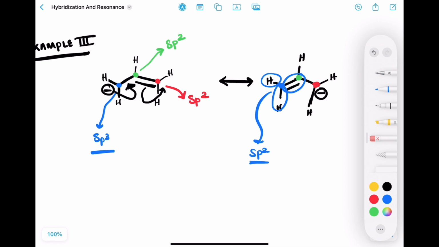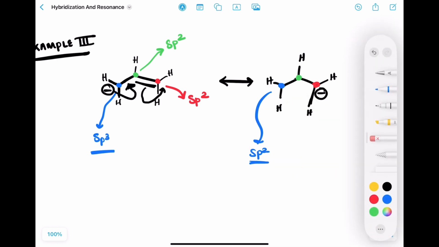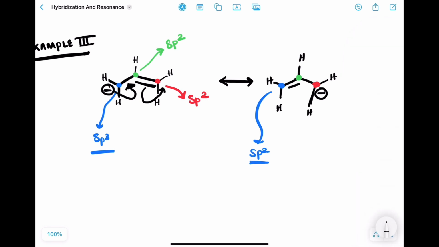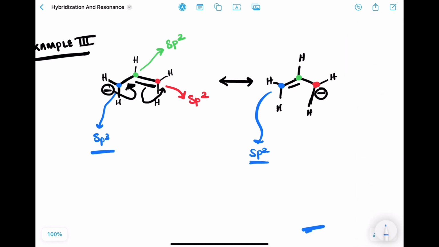It can't be. And so what we do is we designate, instead of saying it's sp2 or sp3, what we say instead is it's sp2 dash sp3.